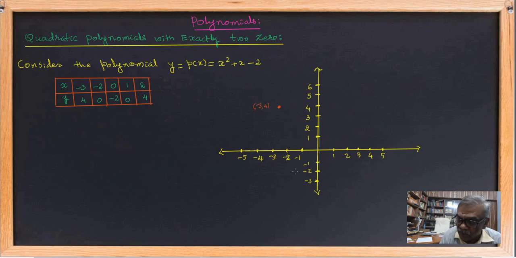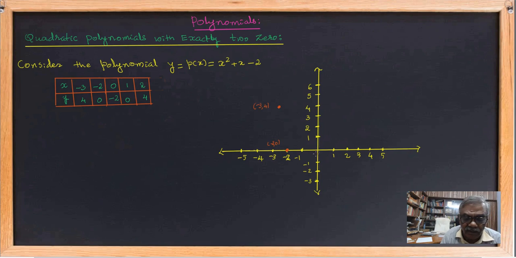Here minus 2 and y is equal to 0. Y equal to 0 means here only, that is minus 2 and 0.